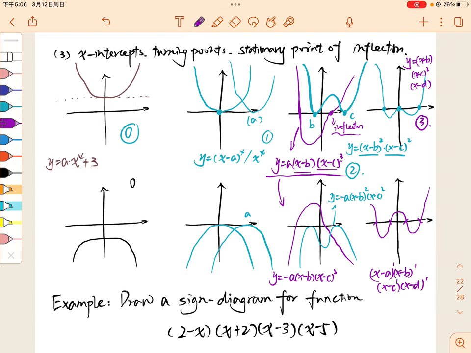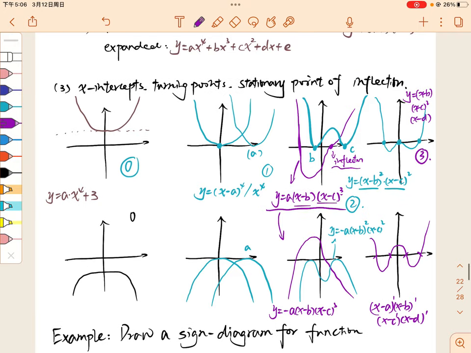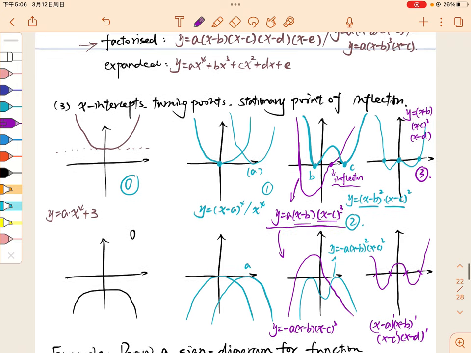They're all to the power of 1. Alright, so this picture is not really good looking. I will draw another one after the video and send it to you through email as well. So these are the 5 cases for our quartic function with the x-axis intercepting.